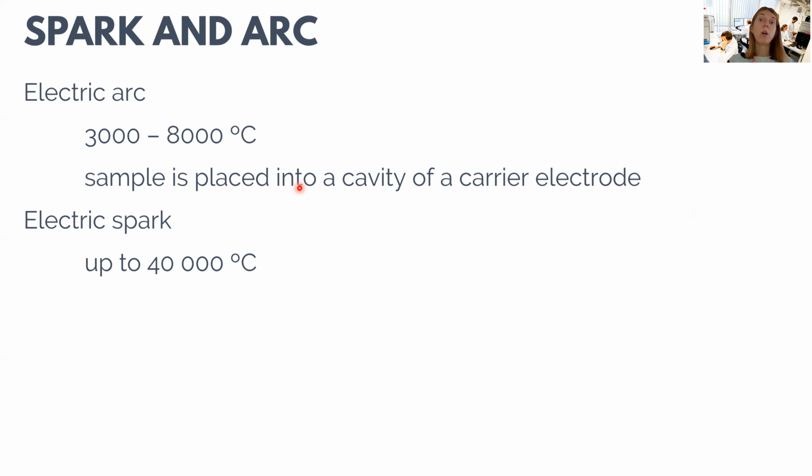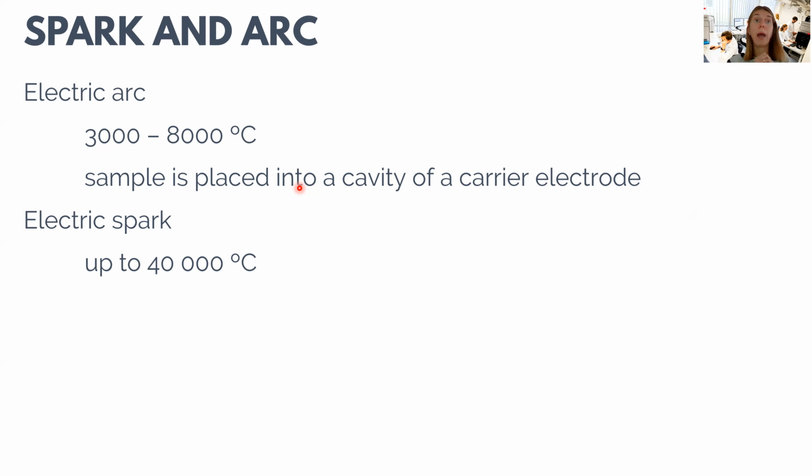In the case of arc, two electrodes are placed relatively close to each other, about a centimeter or maybe a bit less, and high voltage is applied between these two electrodes. As a result, an electric arc is produced between these two electrodes, and this arc also has very high temperature.